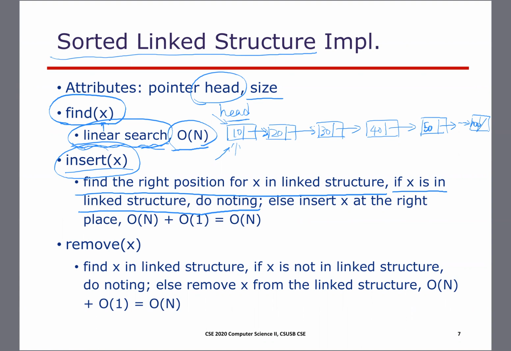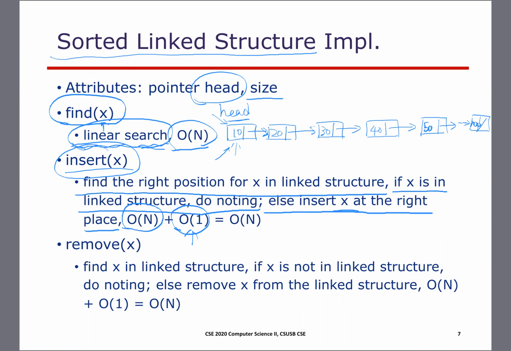And if X is not in this linked structure, we insert X at the right position. Finding the right position for X is big O(n), linear search. And then inserting X at the right position is big O(1), because in this linked structure we don't have to shift all the elements to the left or right.